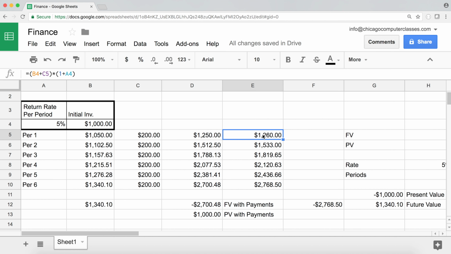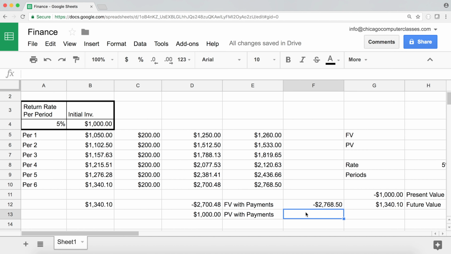In this case, we take that $1,000 and we do that $200 payment right over it, which is like $1,200 in the beginning of the period. And then we immediately started accumulating interest on both of those at the same time. And then we kind of went from there. And that should get us that same value we're looking for. So that's our future value.